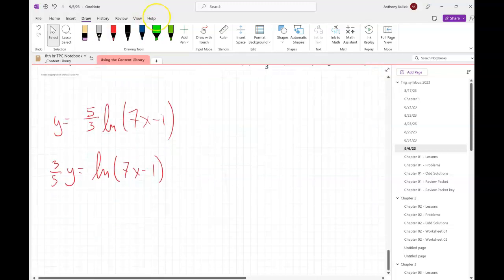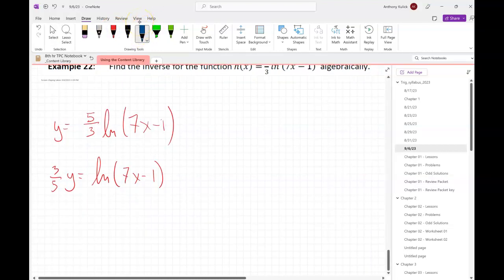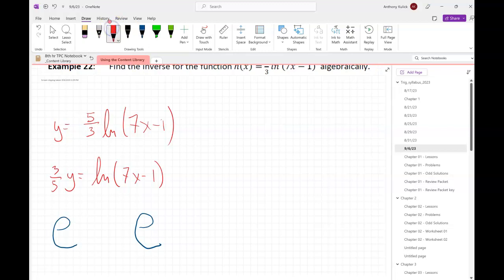And now to cancel log base E, I need to use exponent base E. So notice I'm going to write that exponent base E comically large so that it's really clear that I'm not multiplying both sides by E, but rather I'm making E the base of the exponent on the left side and the base of the exponent for the right side. Exponent base E cancels log base E.